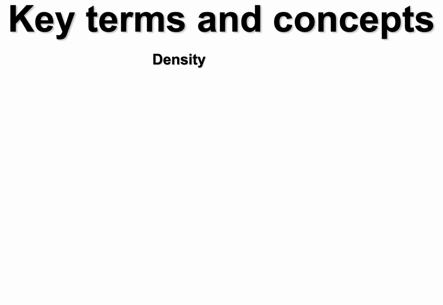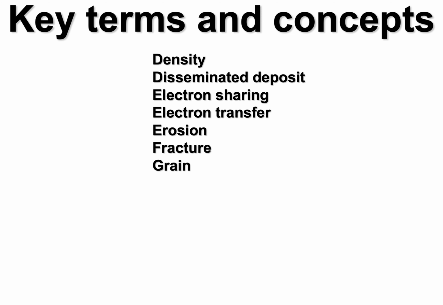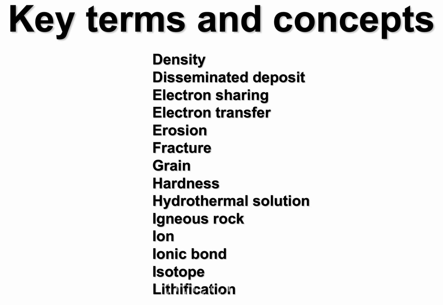Furthermore, we discussed also the features of the density, the disseminated deposits, the electron sharing, the electron transfer, the erosion, the fracture, the grains, the hardness, the hydrothermal solutions, the igneous rocks, the ions, the ionic bond, the isotopes, and the lithification.